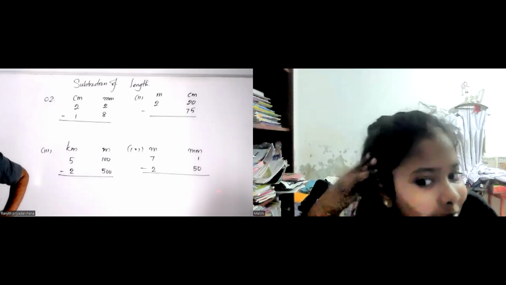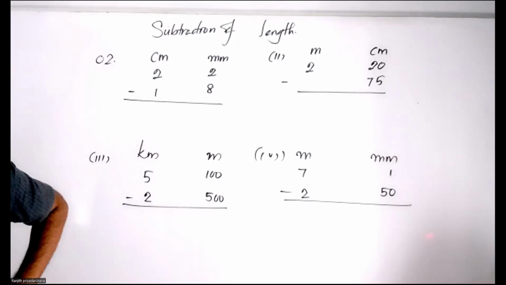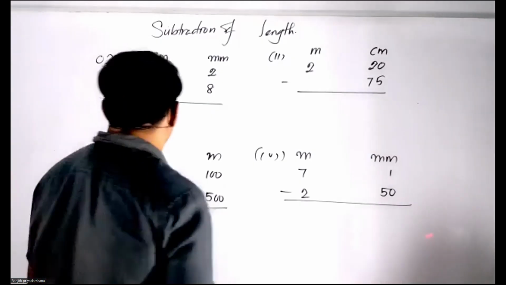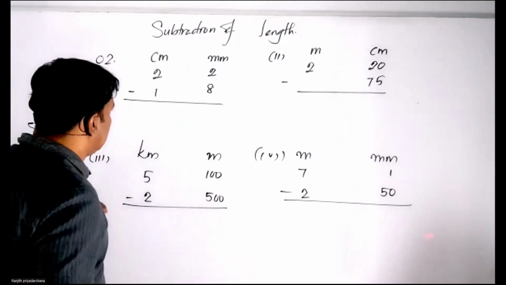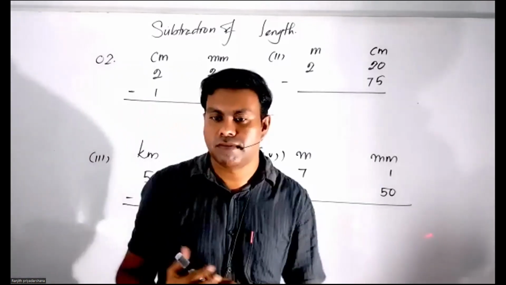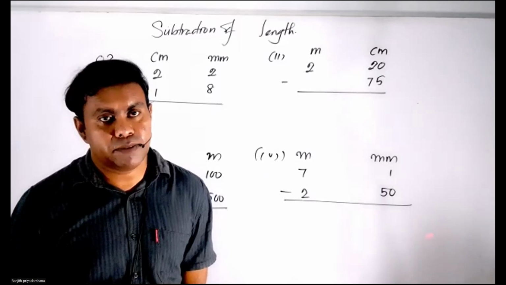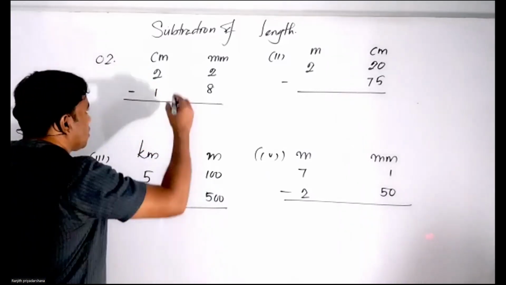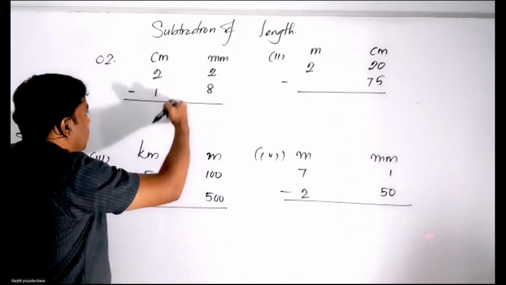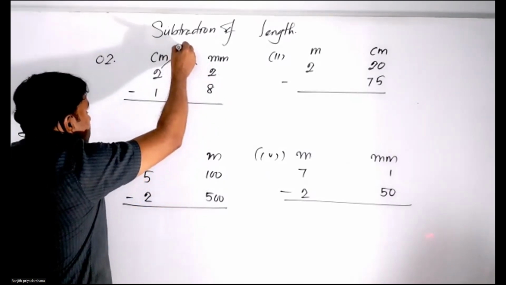Malshi, did you do that? Yes. 2 subtraction 8. Impossible. You have to get that from centimeter side. No. We have to bring 1 centimeter.